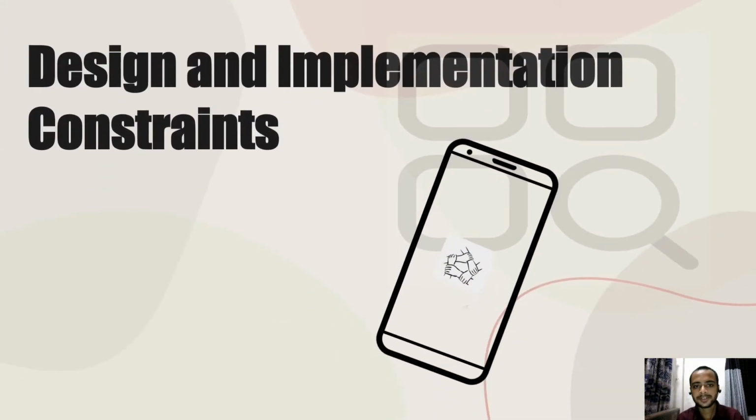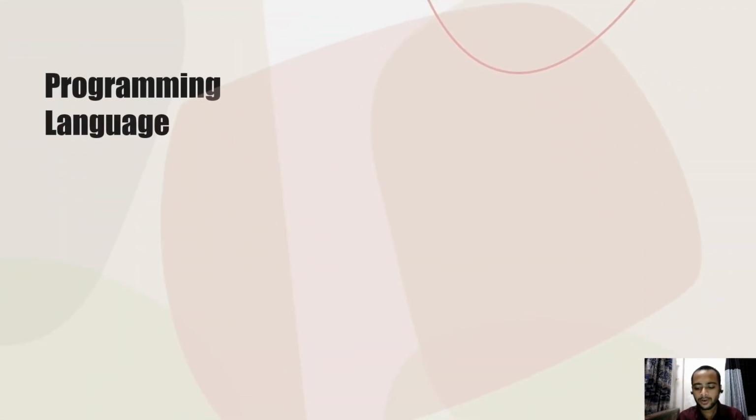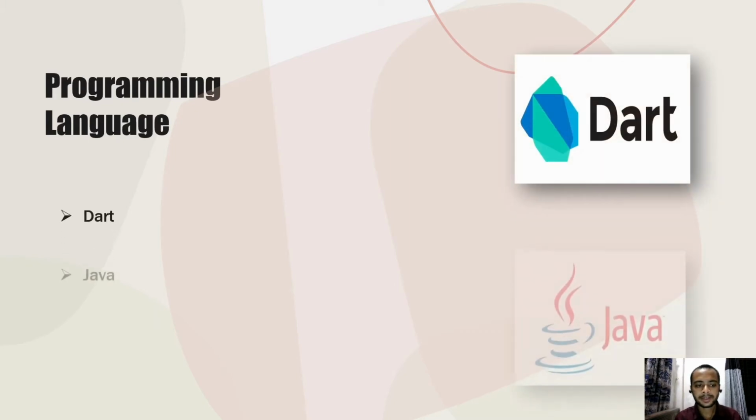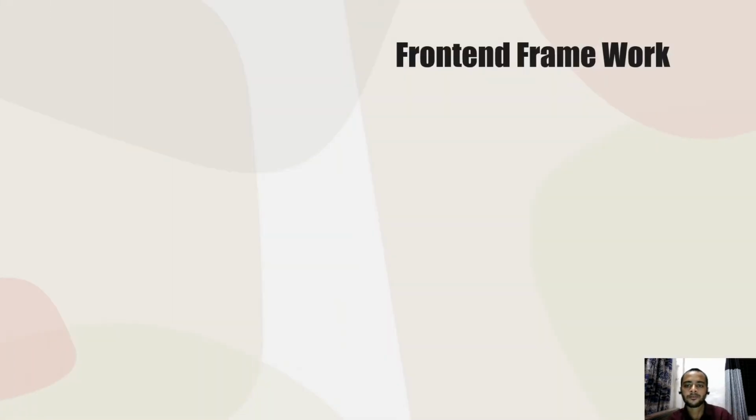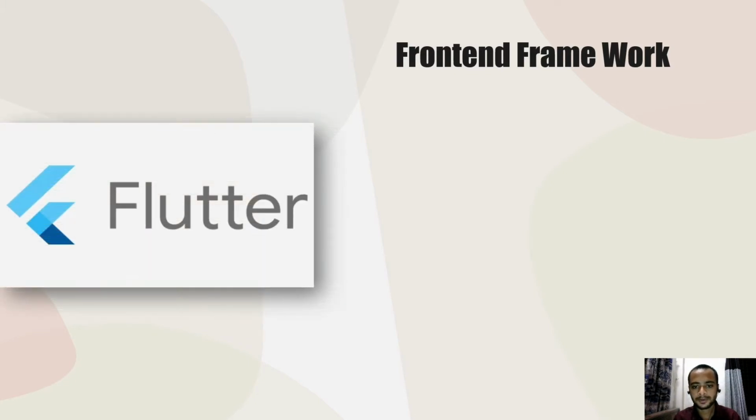Next, design and implementation constraints. For developing this system, the programming languages we will use are Dart and Java. For implementing the front end, we will use a front end framework from Dart, which is Flutter.